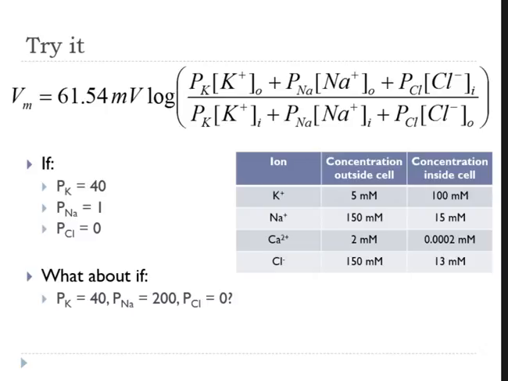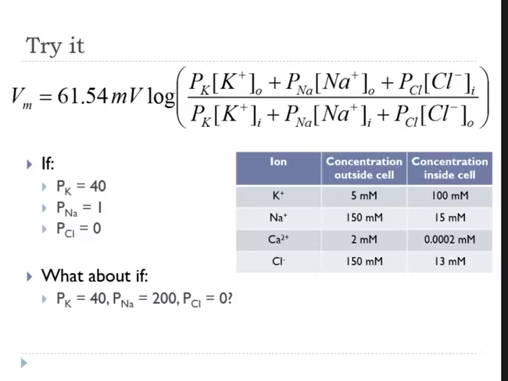So you see what happened, right? The concentrations, if instead of doing it this way, all we do in this equation is change the permeability for sodium from 1 to 200, that causes us to shift from minus 65 millivolts all the way up to plus 39 millivolts. That's what I've done here.